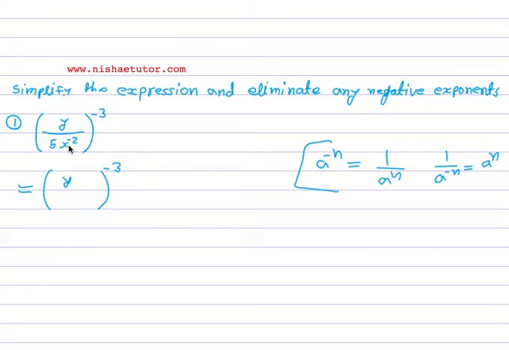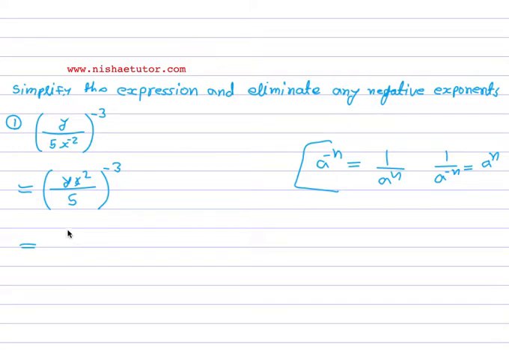So x to the power minus 2 goes on top, so x to the power 2, it becomes positive. Now here 5, and we have to write in alphabetical order, it's a good way. So we can write x square y upon 5.